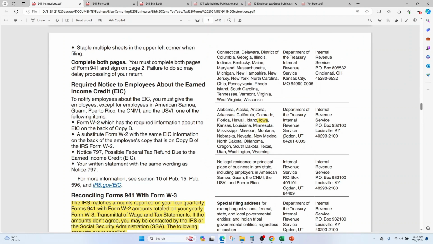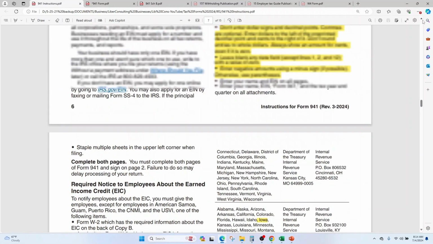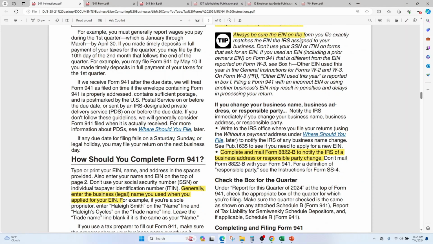That is where you mail Form 8822-B to the IRS, to let them know of any change related to your business name, business address, or responsible party.